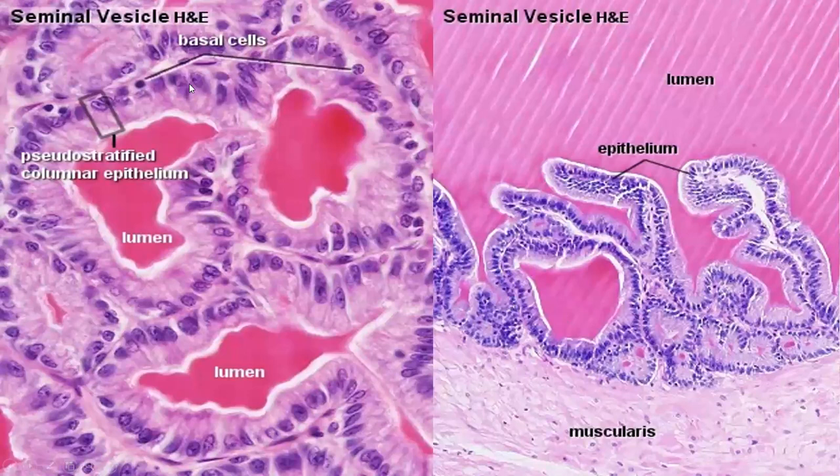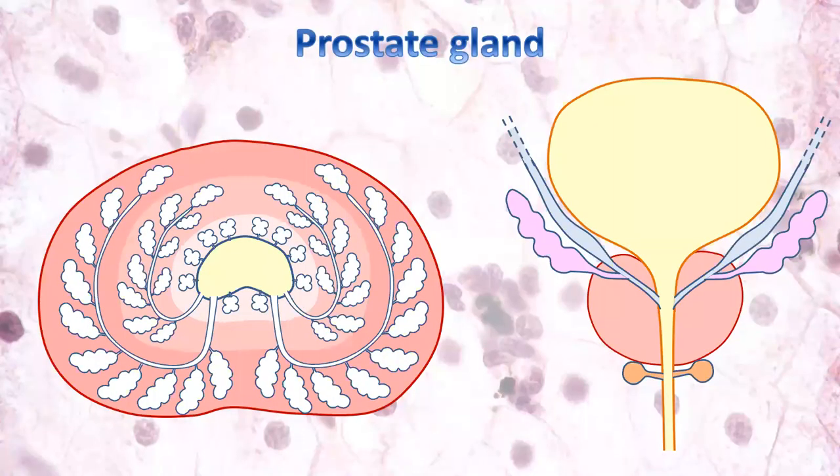Here we can see pseudostratified columnar epithelium which lines those vesicles. Under the mucosa there is muscularis, which helps to push out the secretion. And the outermost layer, adventitia, is simply loose fibrous connective tissue which covers the seminal vesicles.